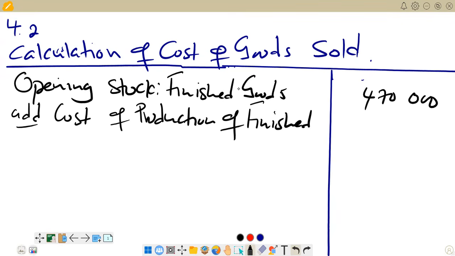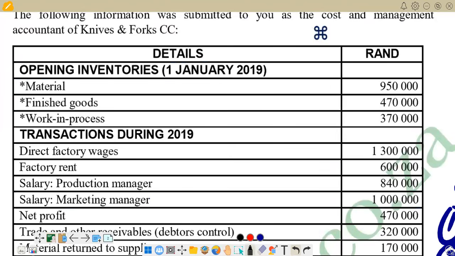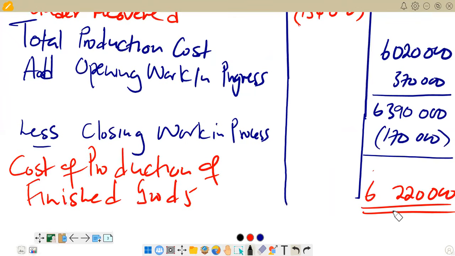But in the production cost statement we added purchases, and here we are saying we replace purchases with the final figure that we got in the production cost statement, which is cost of production of finished goods. So remember this figure, we found it there. You can go back to recheck the actual figure that we have. This is the figure that we are taking, 6,220,000.